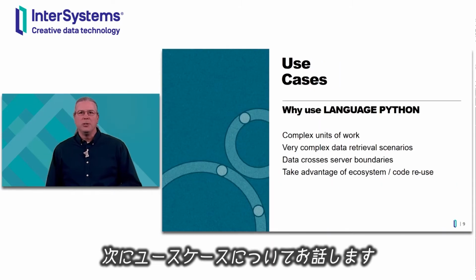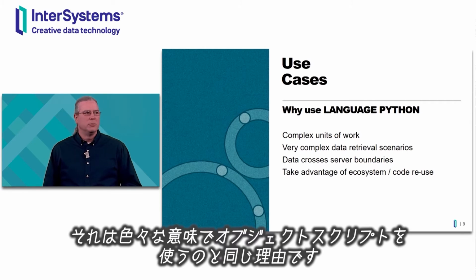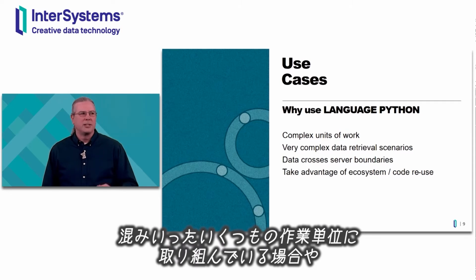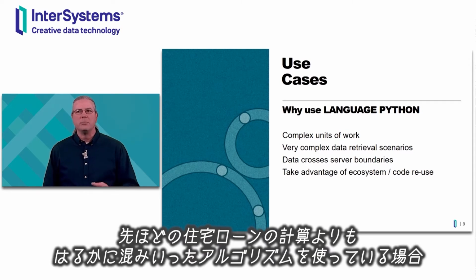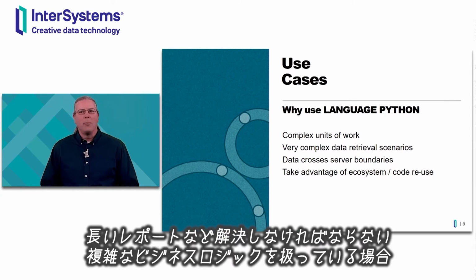So let's talk about use cases. Why would you use language Python? In a lot of ways, it's the same reasons that you would use ObjectScript, right? You've got some complex units of work. Say you had a very complex algorithm, far more complex than my mortgage calculator, or the data that you're selecting is stored in many places and you have complex business logic to sort it out, big reports and those sorts of things.